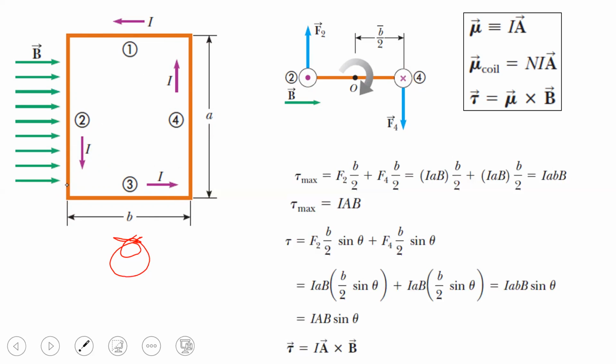And now, this rectangle is something like this.